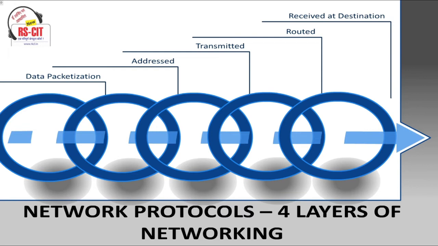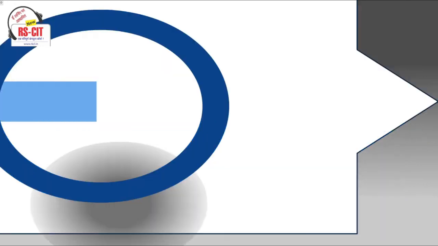TCP/IP provides end-to-end connectivity specifying how data should be packetized, addressed, transmitted, routed, and received at the destination. This functionality is organized into 4 abstraction layers, which are used to sort all related protocols according to the scope of networking involved.